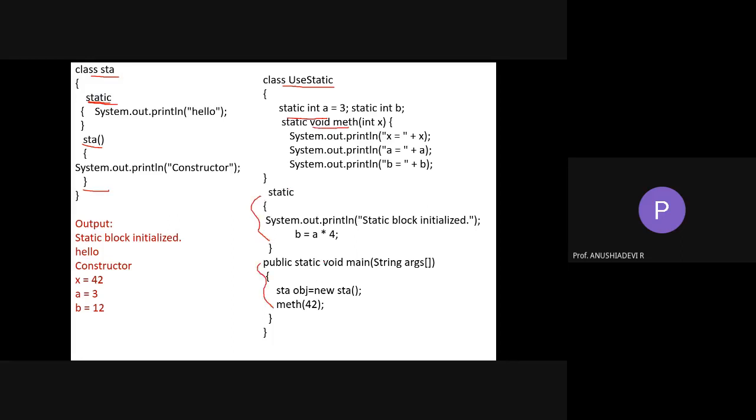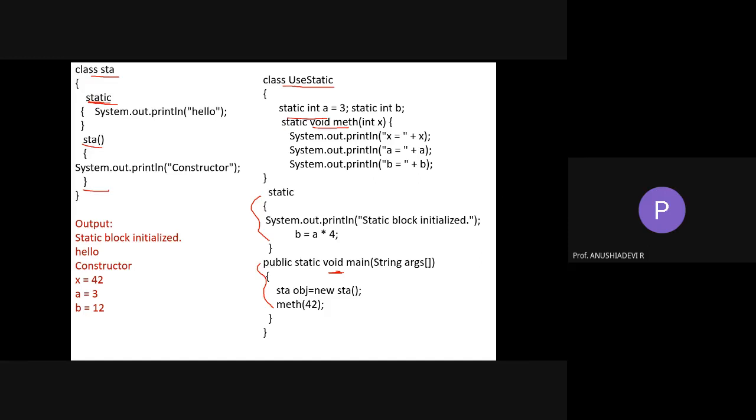Now which static block is executed first? The static block of the class which contains the main function is executed first, without creating an object. But for all other classes which do not have a main function, the static block is executed only if you are creating an object for that particular class.